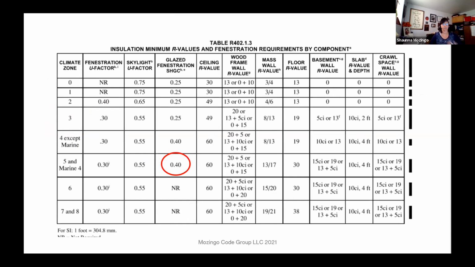Or maybe if you're in the residential code, you see that all of a sudden, never before have we regulated solar heat gain coefficient for climate zone 5. Usually solar heat gain coefficient is for these hotter climates that use air conditioning all the time. We don't want all that solar heat getting through the window, so we regulate their windows. Well, now for the first time ever, solar heat gain has been put in place as a requirement in residential for climate zone 5. Maybe you want to have some sort of amendment to that. Maybe there's some kind of leniency you can give there.